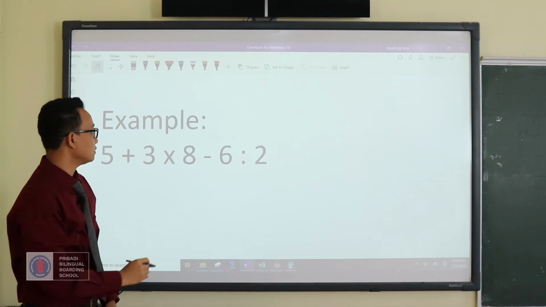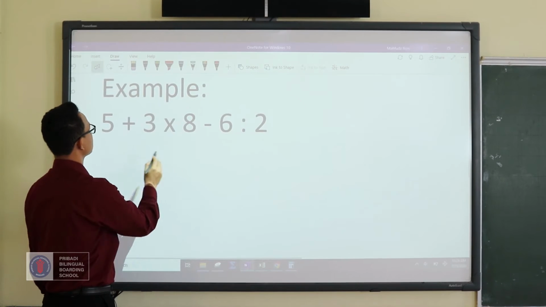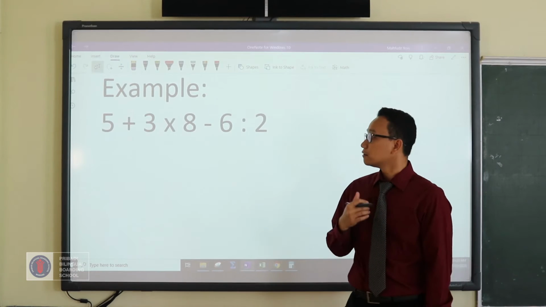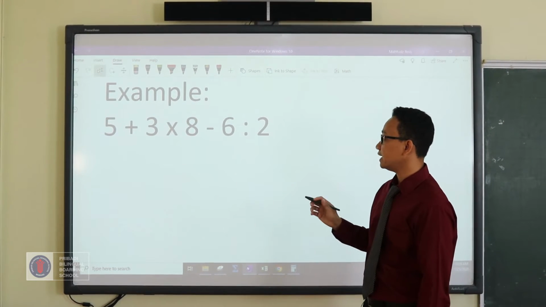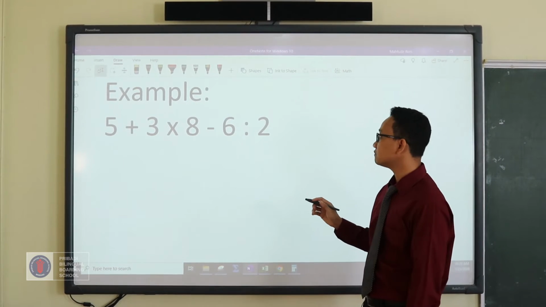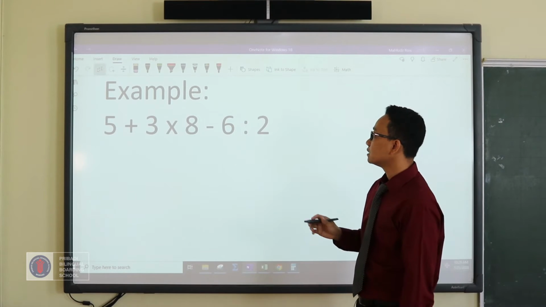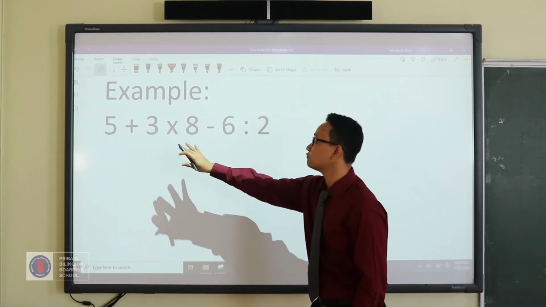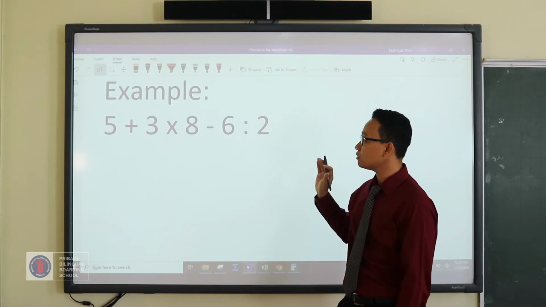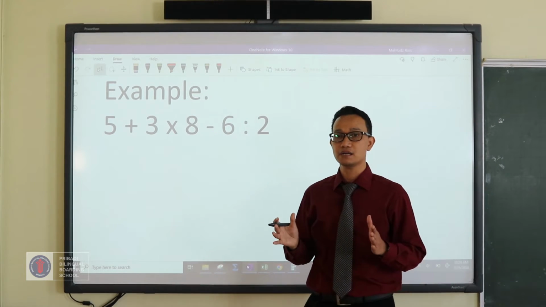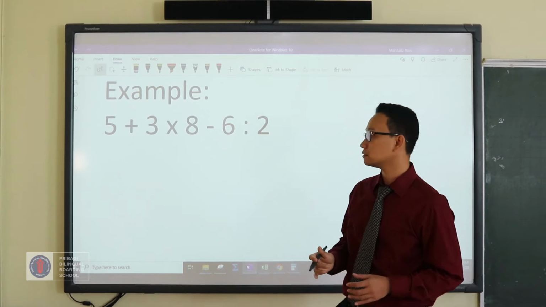The first example is 5 plus 3 times 8 minus 6 divided by 2. Look, we have the four basic operations in one calculation. So how can we calculate this? Of course, remember to use the BEDMAS rule.